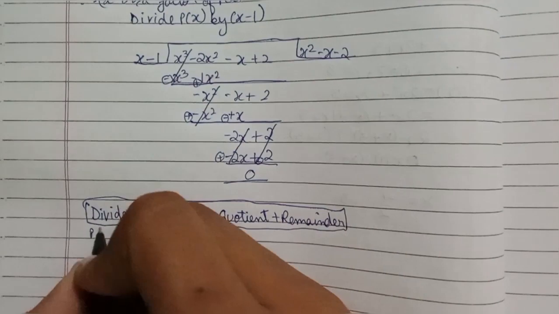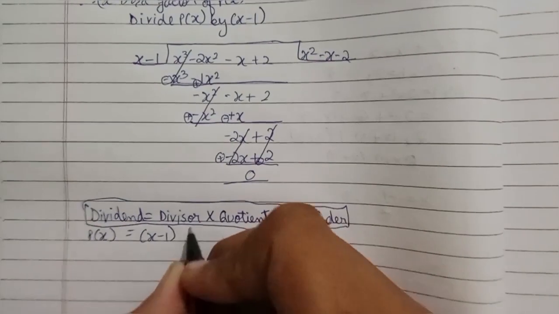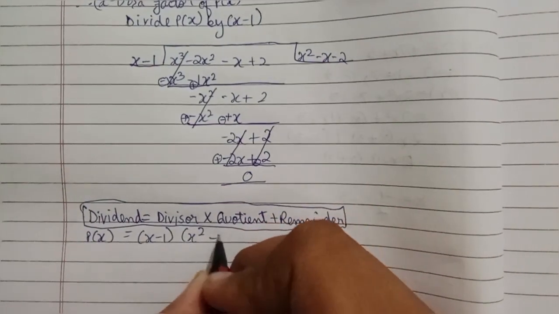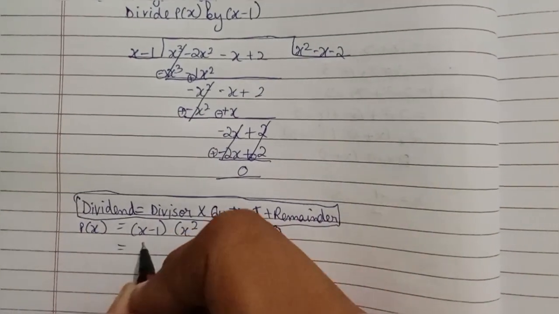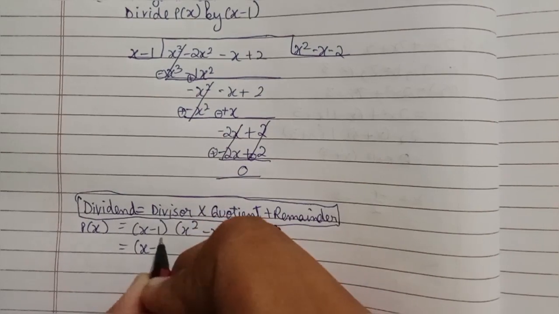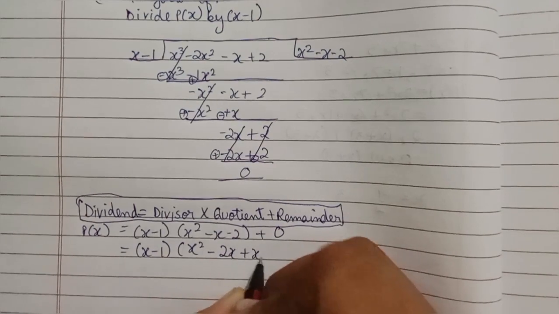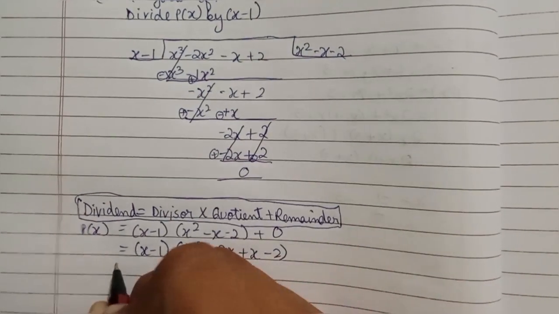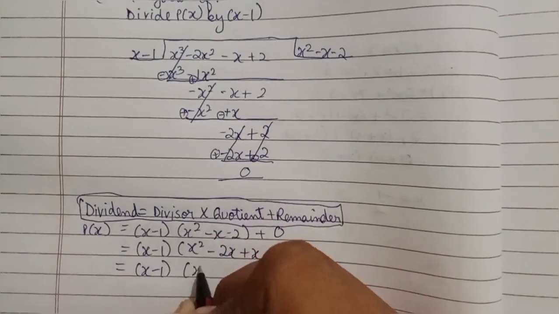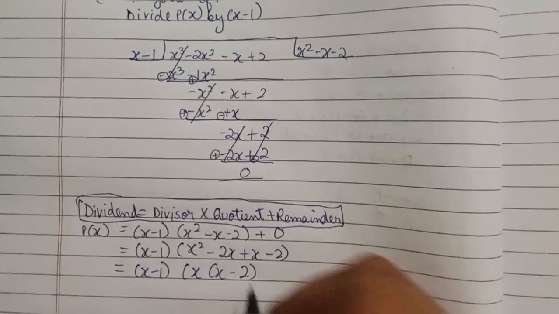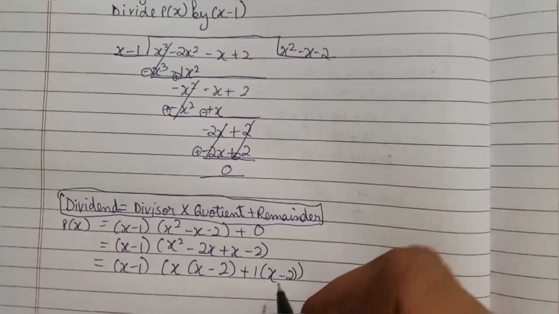Now write p of x equals x minus 1 into x square minus x minus 2 plus 0, which is equal to x minus 1 bracket x square minus 2x plus x minus 2, which is equal to x minus 1 bracket x into x minus 2 plus 1 into x minus 2 bracket close.